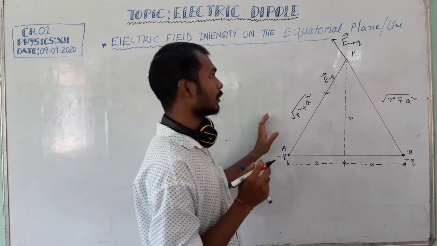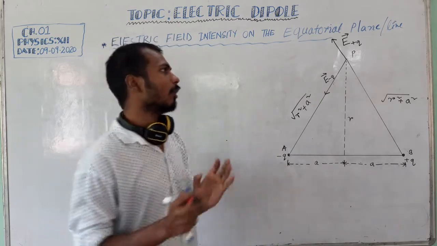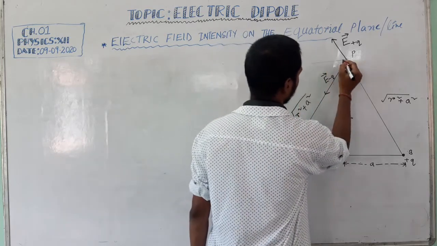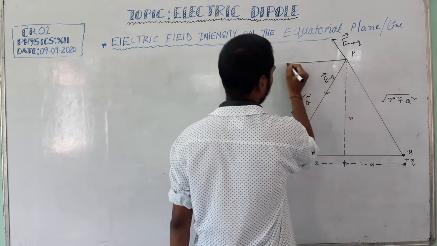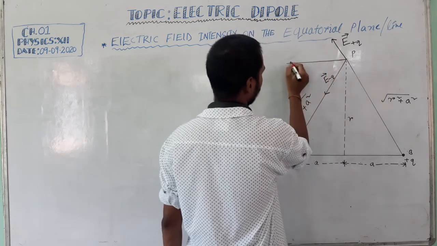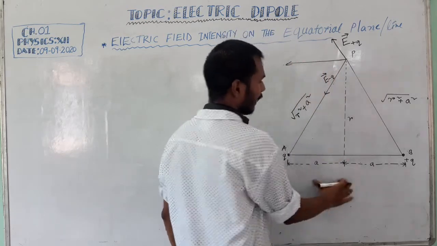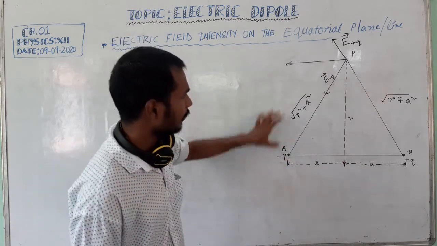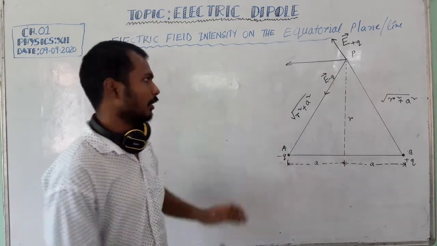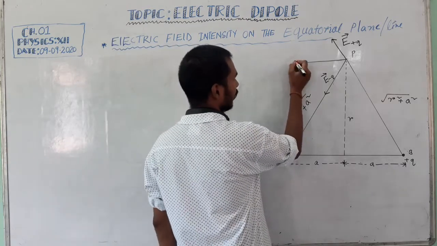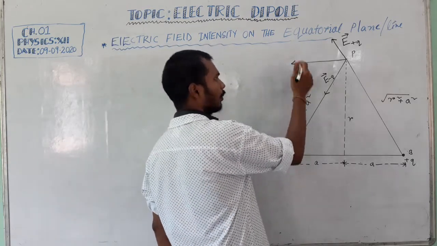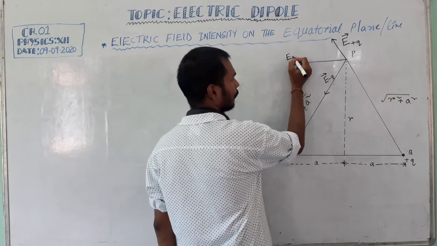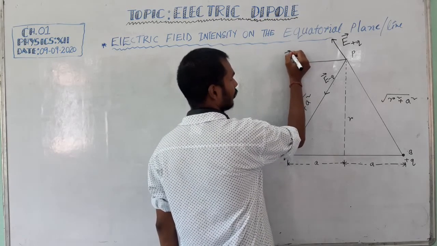According to the parallelogram law of vector addition, it will be in this direction, in the line parallel to the axis, or parallel to the dipole length. See, these lines are parallel to each other. So this is the direction of the resultant electric field, and it comes from the parallelogram law of vector addition. Okay, E net vector.